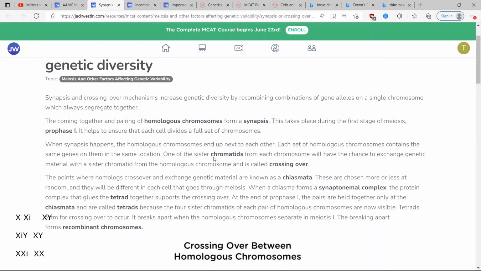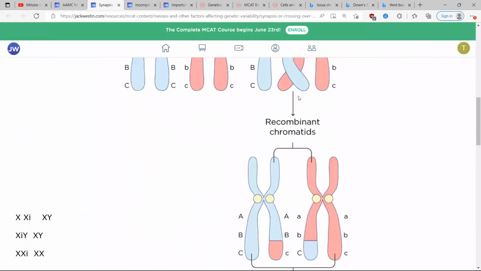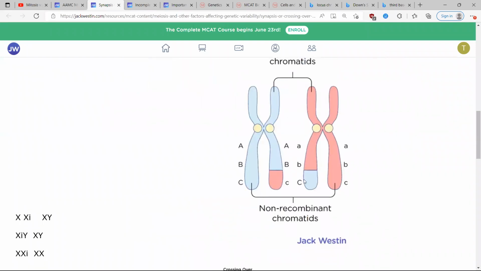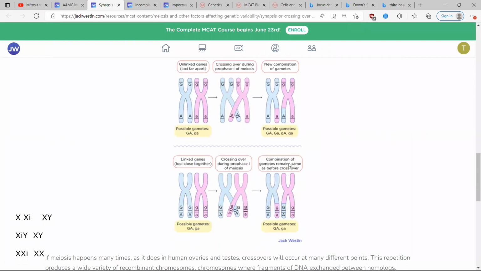One of the sister chromatids from each chromosome will have the chance to exchange genetic material with the sister chromatid from the homologous chromosome, called crossing over. And this over here will be a synaptonemal complex, and that will allow this little swap to happen.